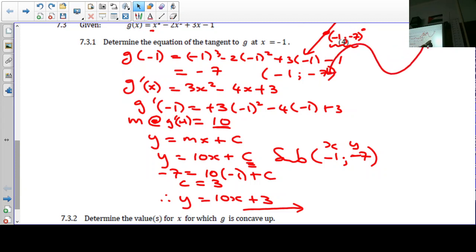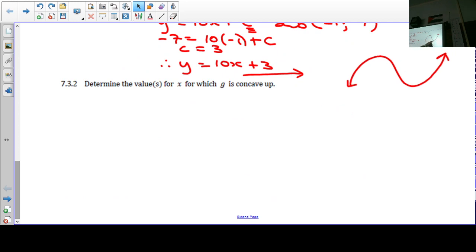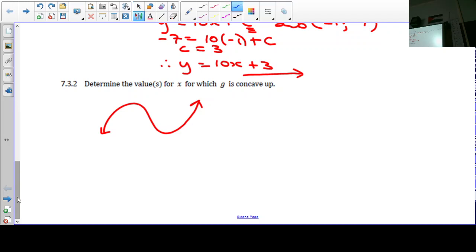So for the next question, the next question says, determine the values for x for which g of x is concave up. So if you look at this here, that's your cubic function, that's the shape of the graph as well.